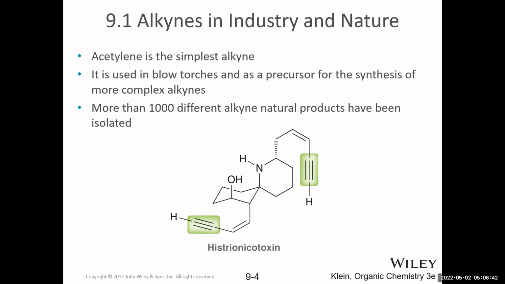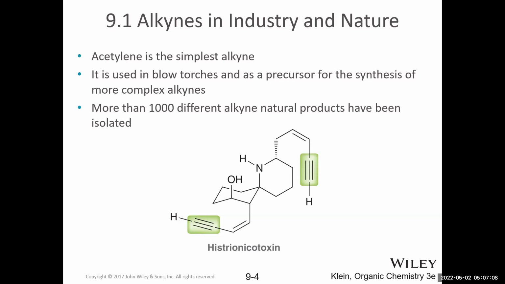It is used in blowtorches, and it's used as a precursor for the synthesis of more complex alkynes. And you'll see how we're able to add to the carbon chain, starting with what's known as a terminal alkyne, which is a carbon participating in a triple bond that's also bonded to a hydrogen.